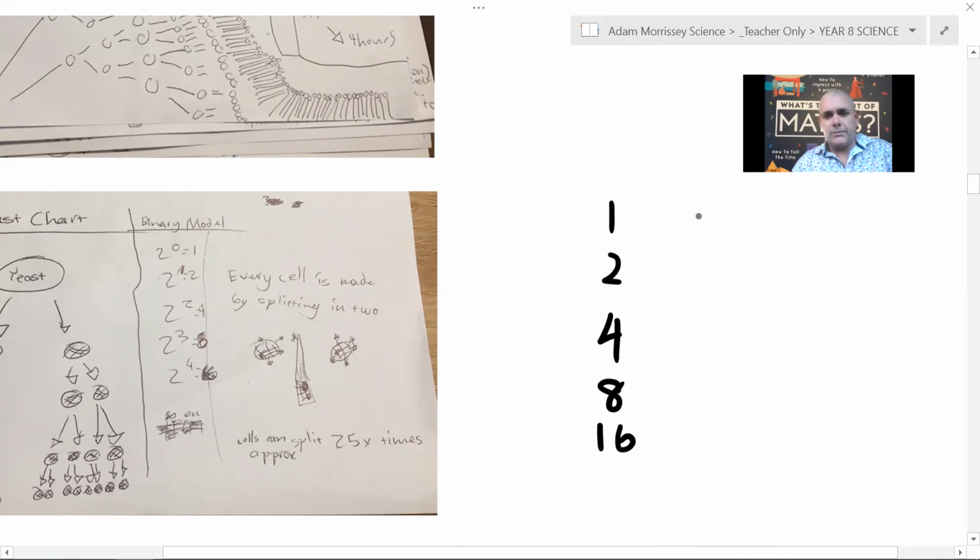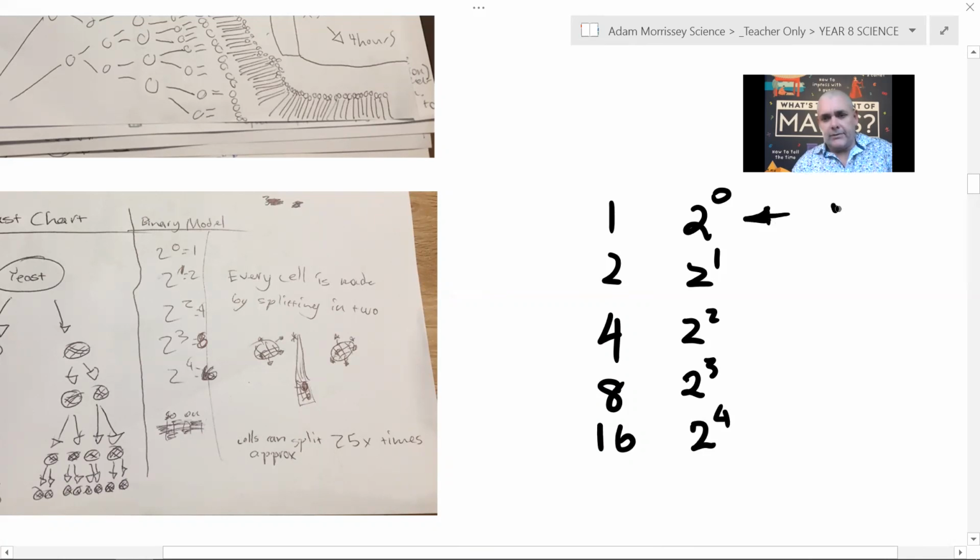And because we're splitting in two, I show them that we can use a base 2 system. And what I find, a lot of students are pretty shaky with their index laws here. And there's a couple of really important teaching moments here.